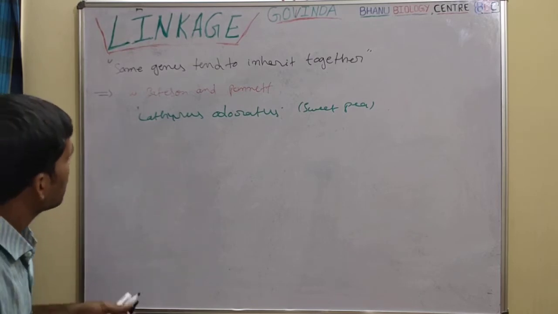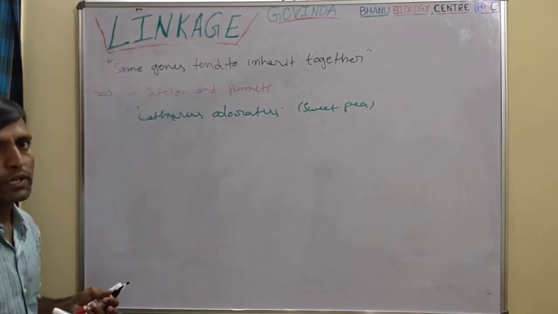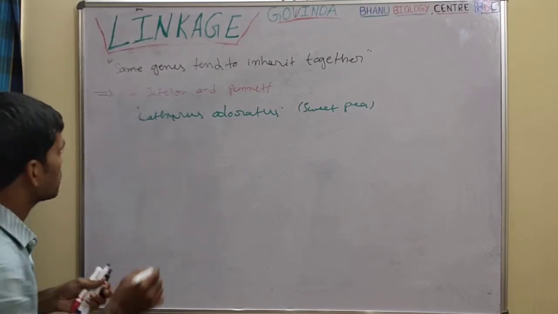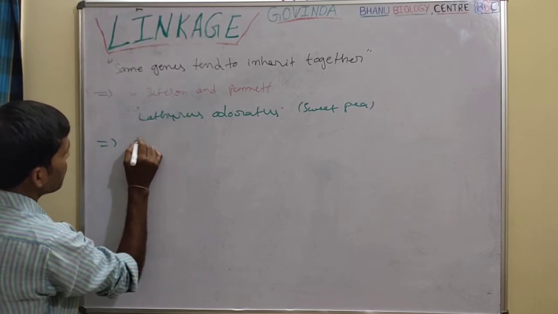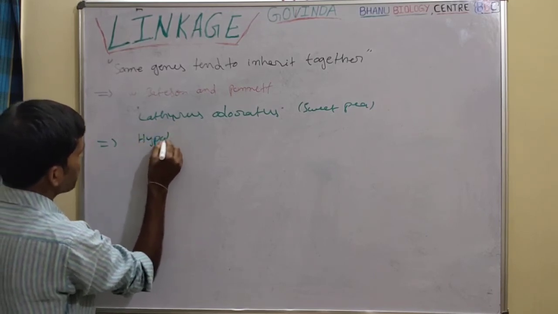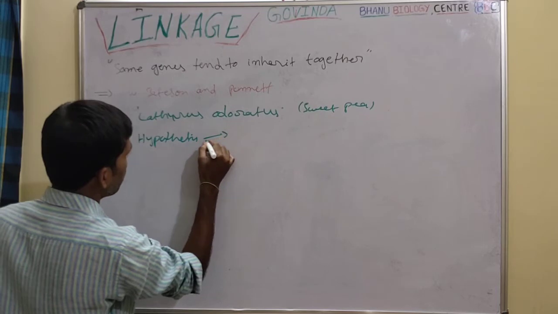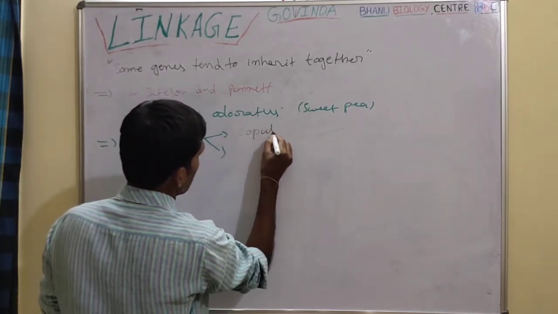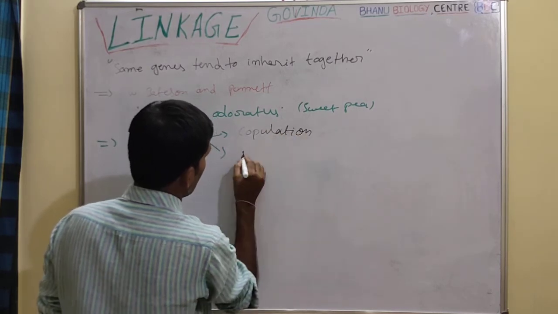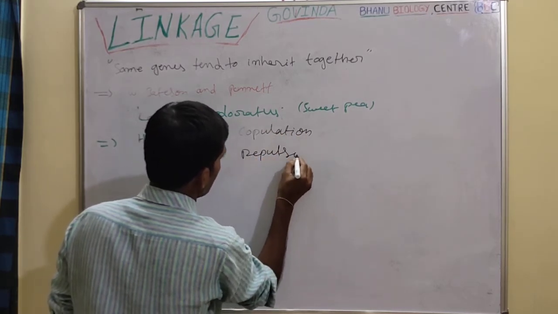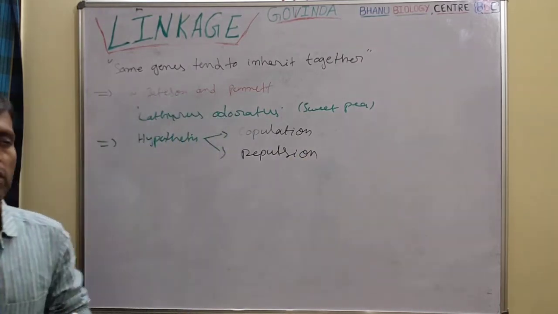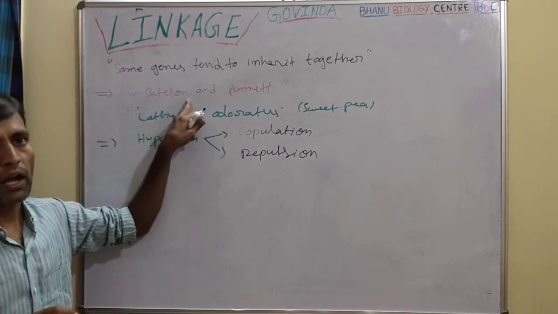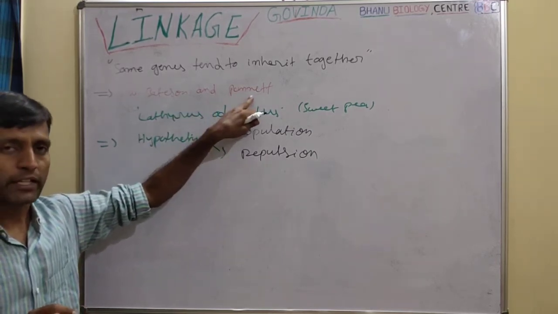So let us see. They performed two experiments on Lathyrus odoratus. Based on their experiments, they formulated the hypothesis of one, coupling, and another one, repulsion. Coupling and repulsion are two aspects given by Bateson and Punnett from their experiments.